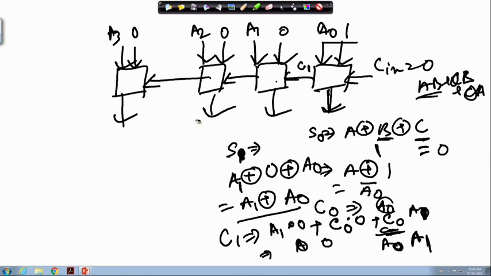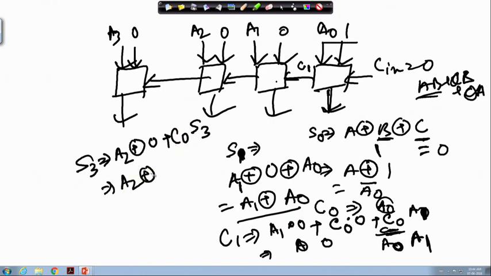Now whenever I try to find out S2, what will be S2? The value is A2 XOR with 0 XOR with C2, that means A2 will be XOR with A1 A0.